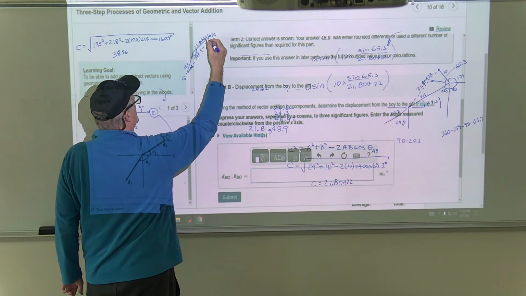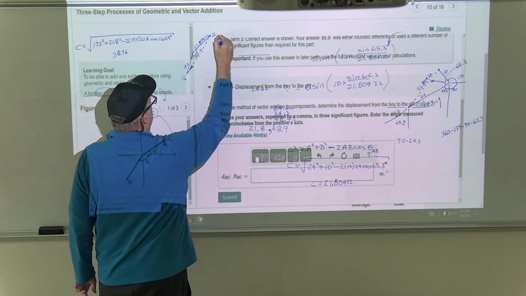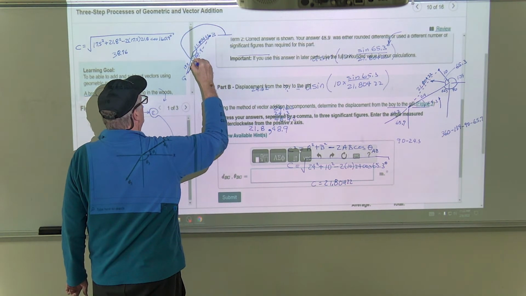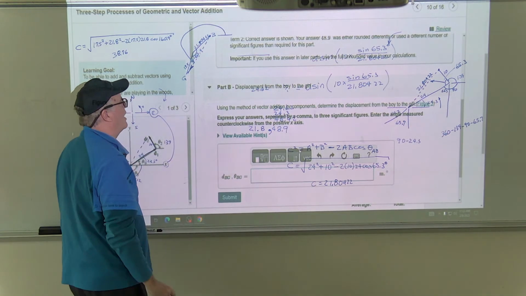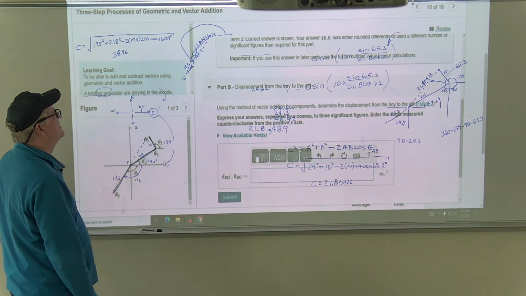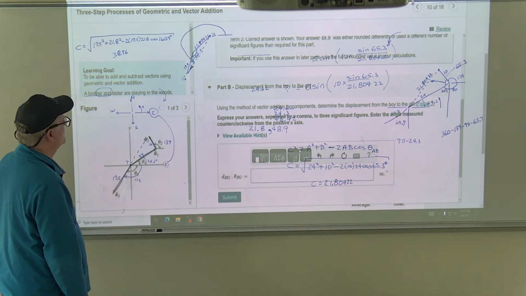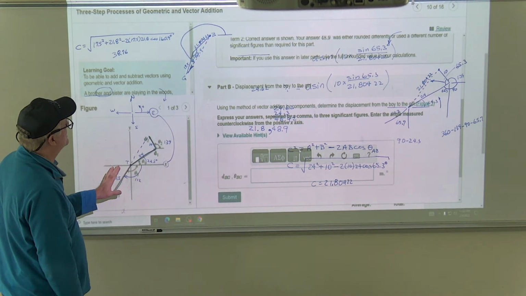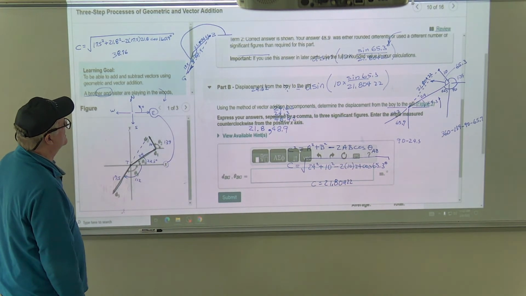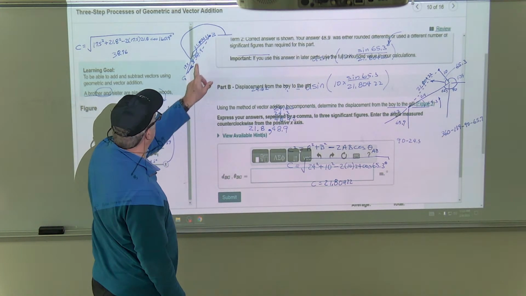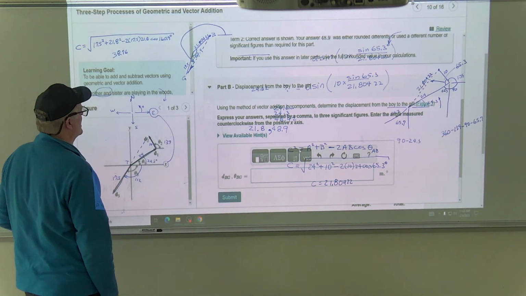From the boy to the girl. So what the dude really wants is the angle to there. So now, what is the most convenient way to get that? Well, the first thing I can do is just haul off and try to find both that angle and that angle, and that's what I'll try to do.